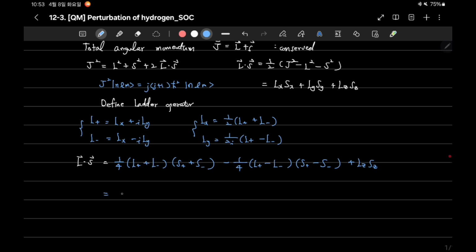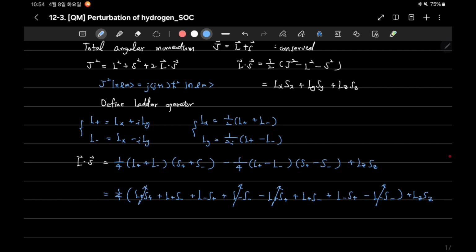When you expand, the first term is 1/4 (L plus S plus plus L plus S minus plus L minus S plus plus L minus S minus), and the second term is minus (L plus S plus minus L plus S minus minus L minus S plus plus L minus S minus), plus L_z S_z.